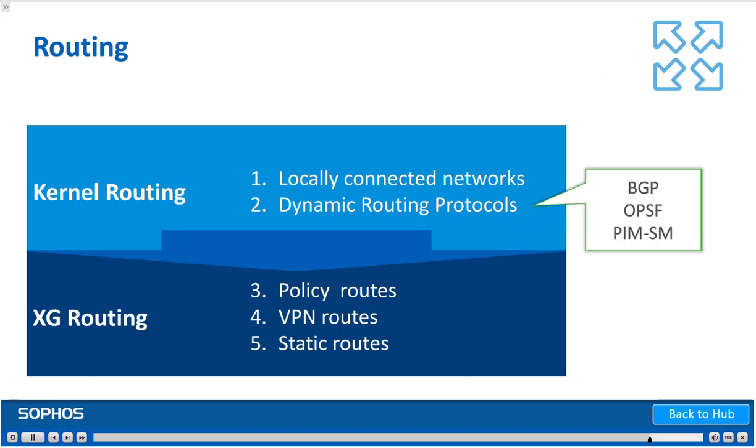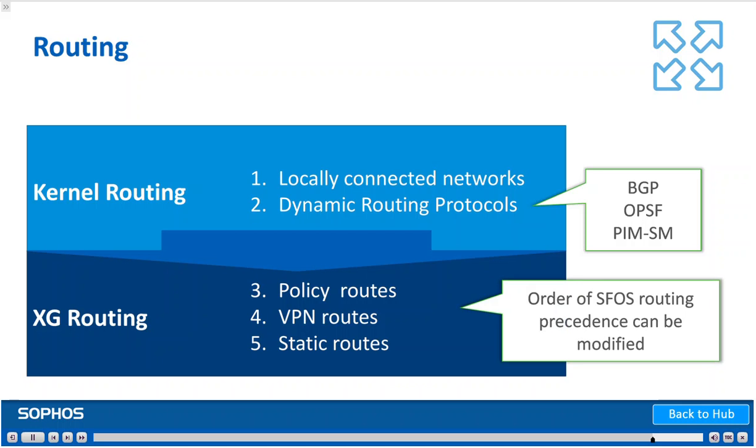Dynamic routing protocols are also supported to allow the XG Firewall to communicate with neighbors and populate its internal routing tables with minimal administrator interaction. Unlike the kernel routing, the XG routing precedence can be modified on the console using the system route precedence command.